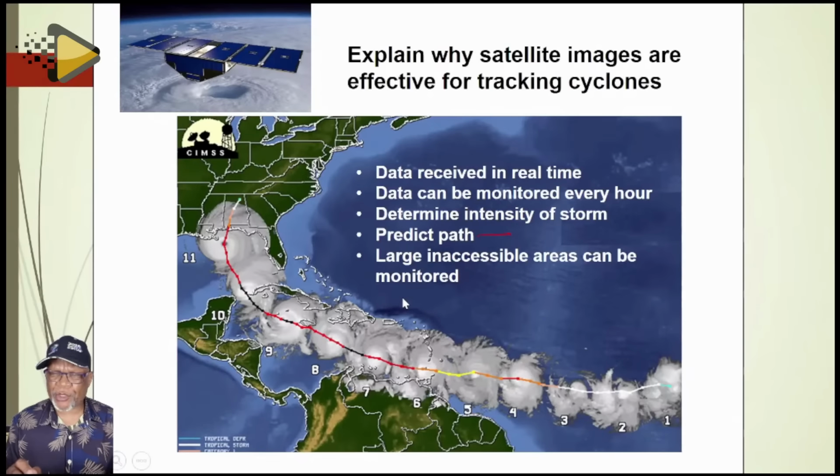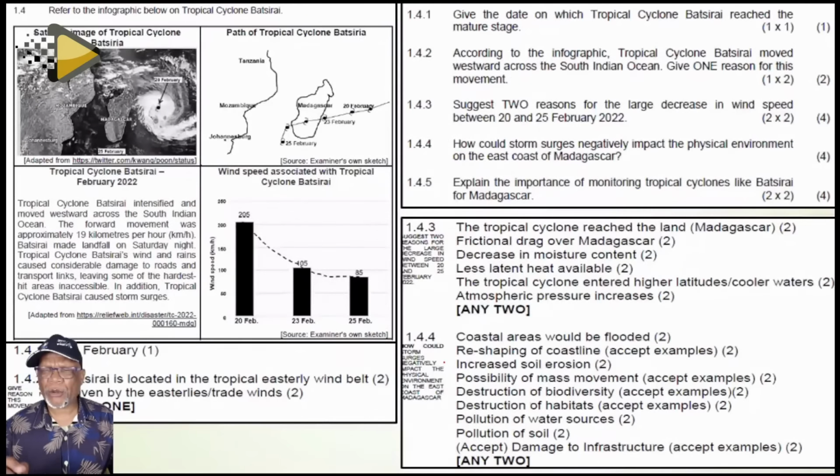The satellites are in space. So it's going to be easy for you to monitor whatever is happening on Earth when you are looking at it from space. Now, here are some of the examination questions that you can expect to get.